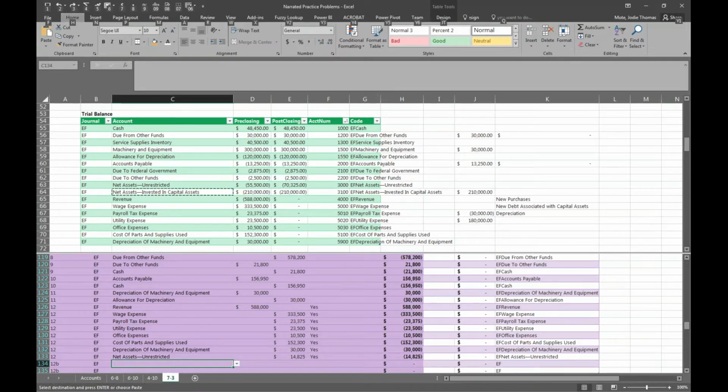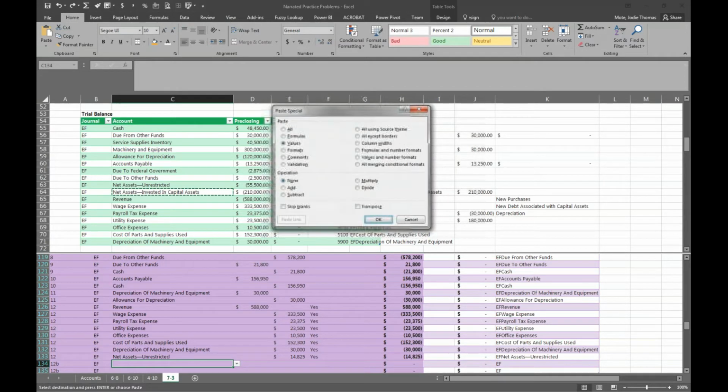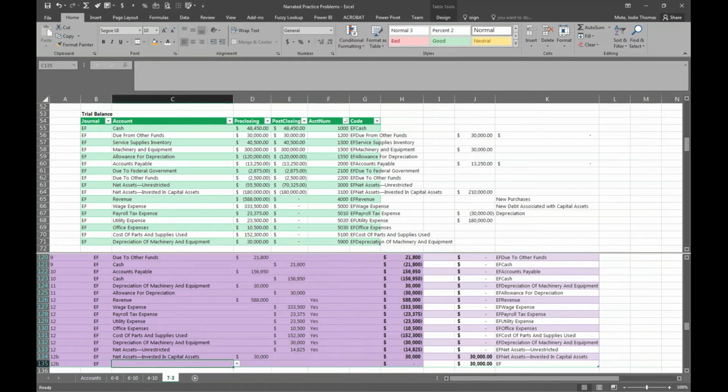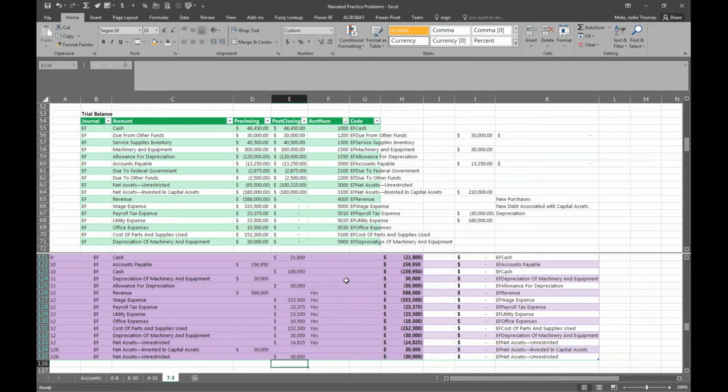I'm sorry, I like to paste values because I've got conditional formatting and all that kind of stuff. So we're debiting invested in capital assets, net assets, and we are crediting net assets that are unrestricted, which should give us an invested in capital assets final balance of 180,000.